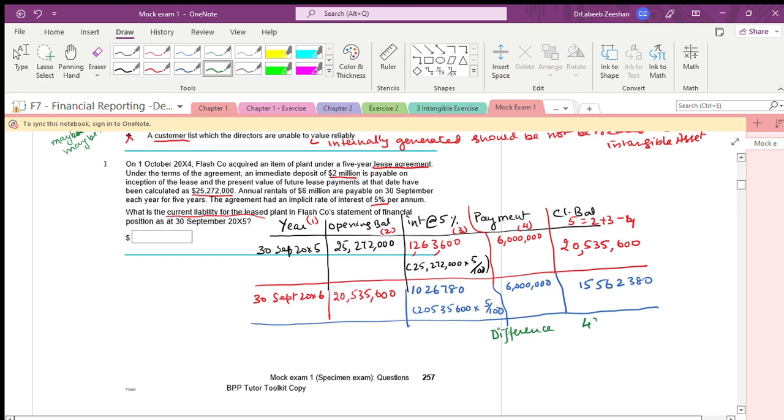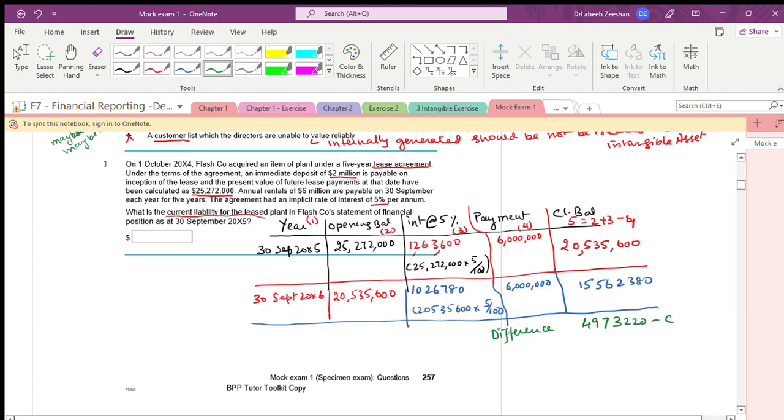4973220. 25,35,600 minus 15,562,380 gives 4973220.